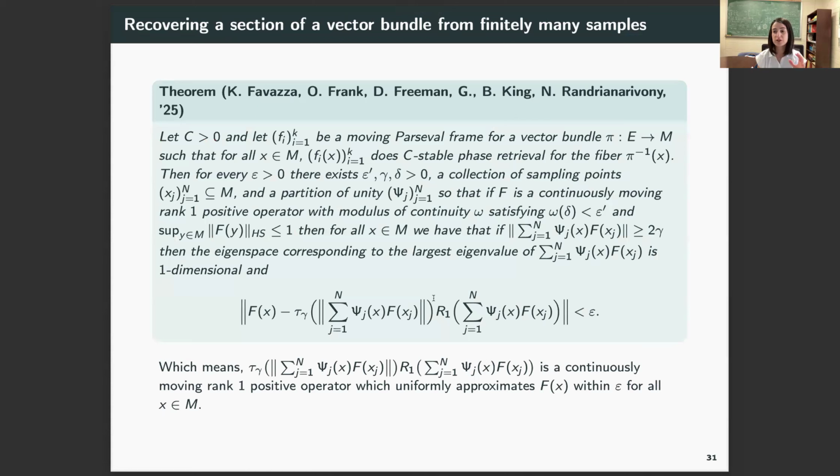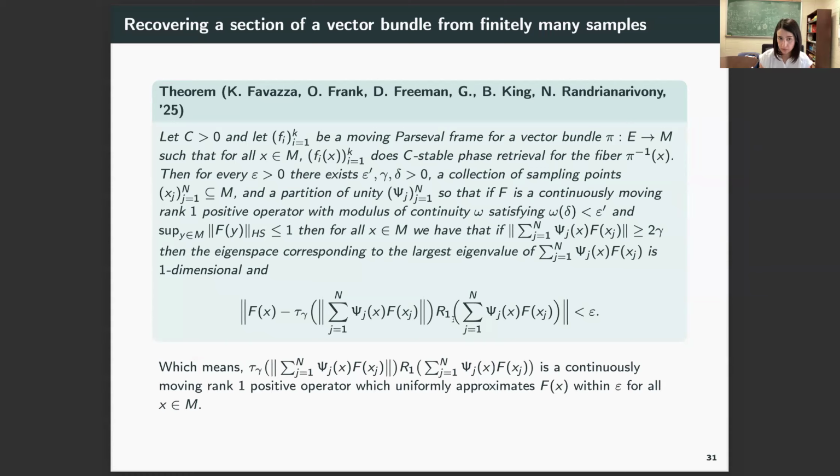The next one is just the theorem that we have. I know it's a little bit too much, but what I want you to look at is that I gave you all the components of this part. R1 is what we defined previously, and you can think of this as the G we had in the previous slide.